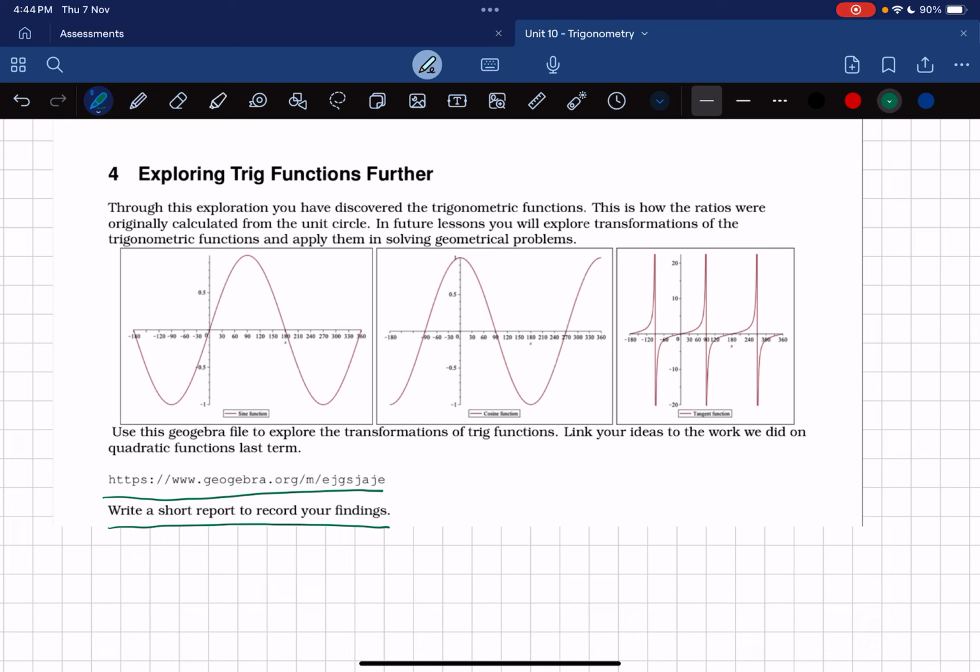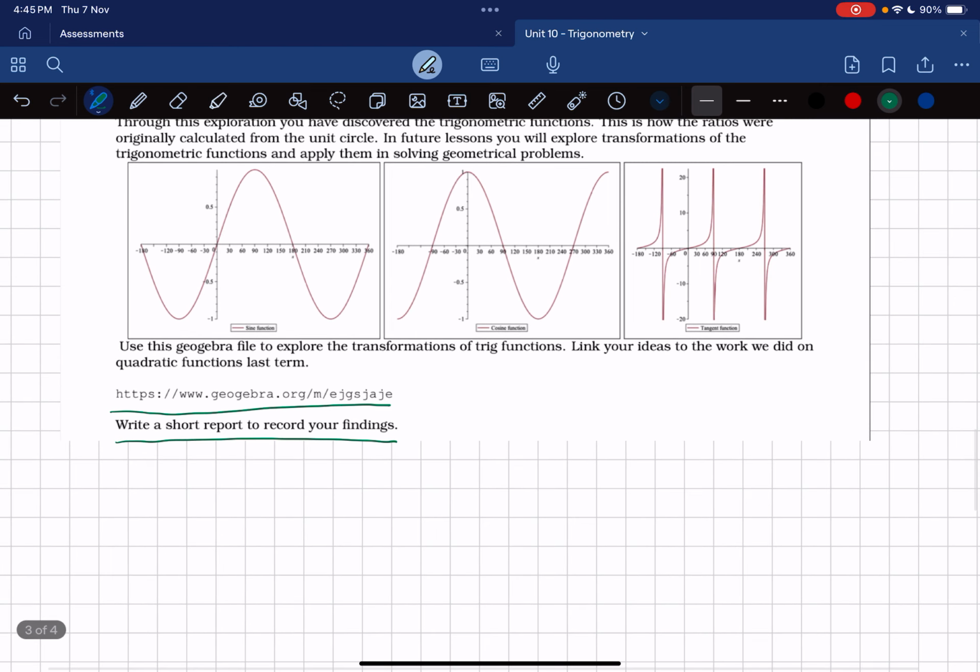So once you have written your short report, okay, it doesn't have to be multiple pages, right? But just something that kind of shows how these function transformations are affecting, if you have y equals sine x, right? And I transform that to be y equals sine of 2x, okay?